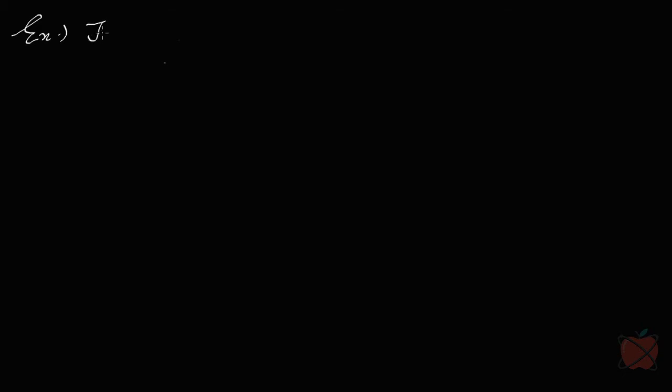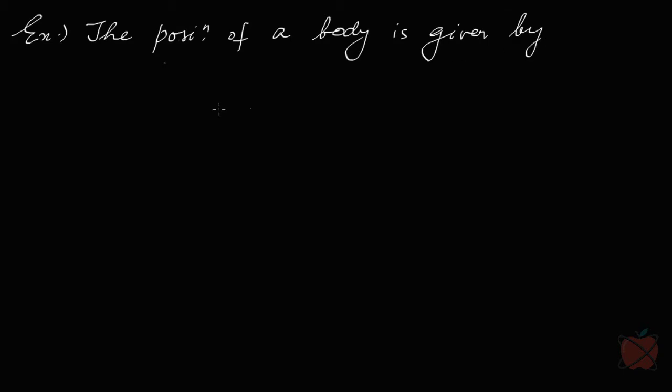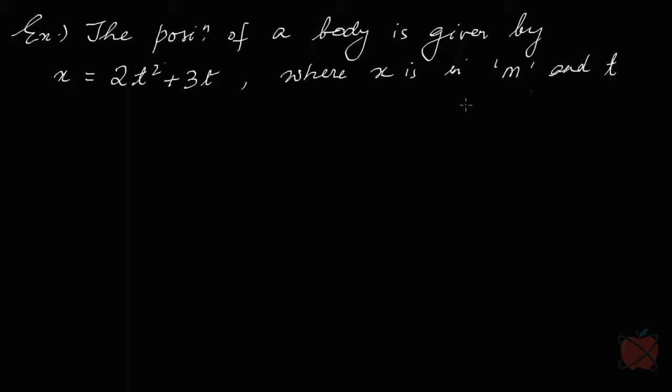Let's say the position of a body is given by x equal to 2t square plus 3t, where x is in meters and t in seconds.